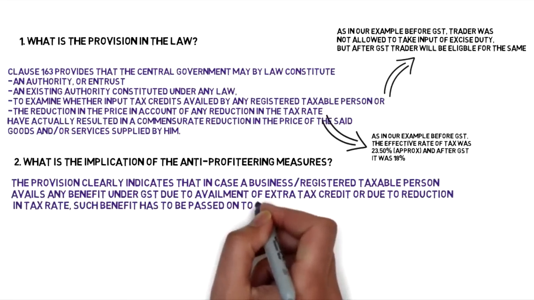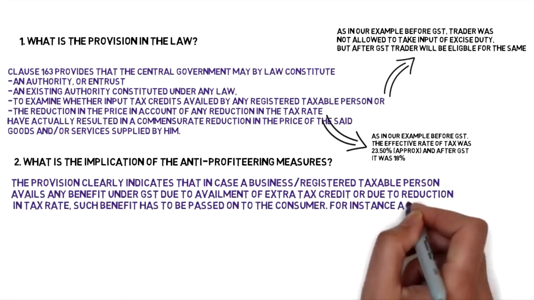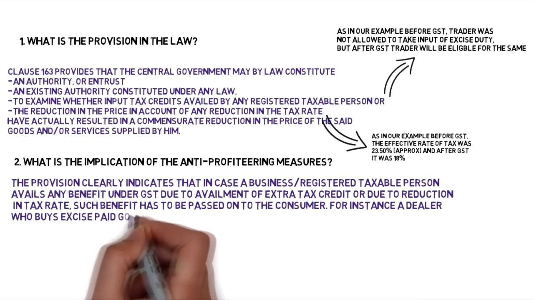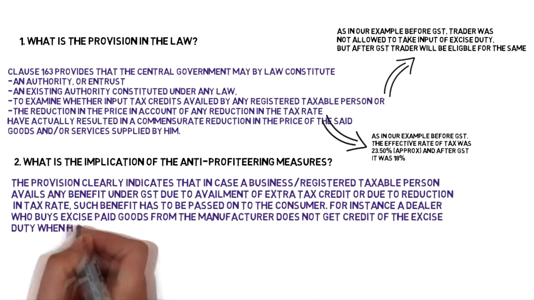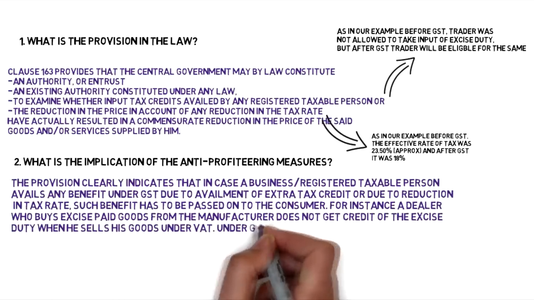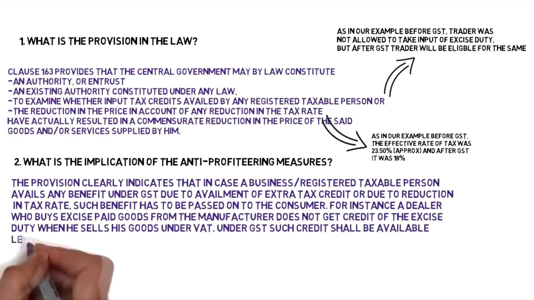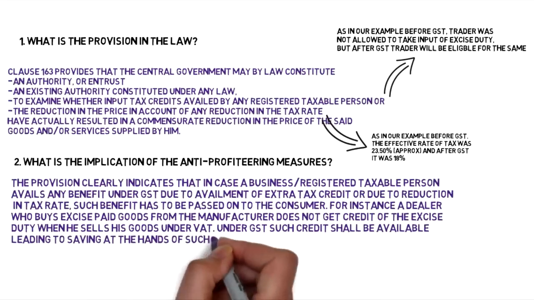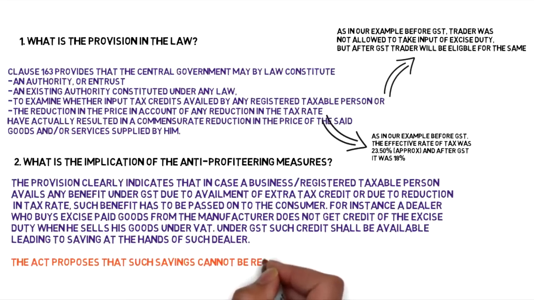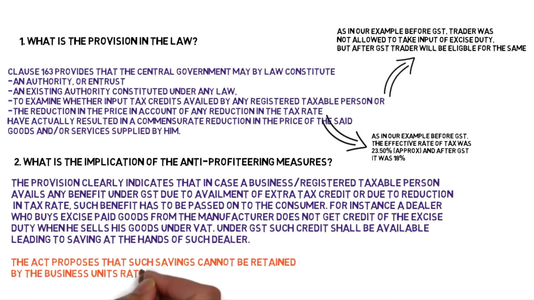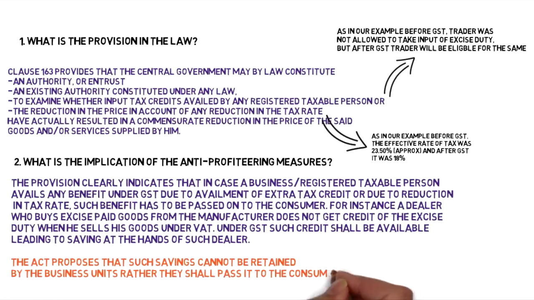For instance, a dealer who buys excise-paid goods from the manufacturer does not get credit of the excise duty when he sells his goods under VAT. Under GST, such credit shall be available, leading to saving in the hand of such a dealer. The Act proposes that such savings cannot be retained by the business units; rather they shall pass it on to the consumer.